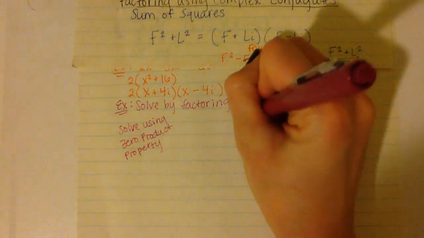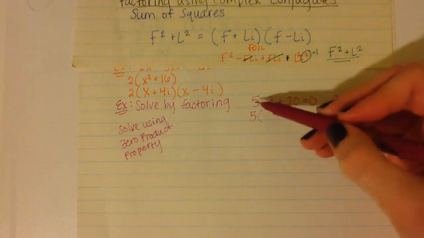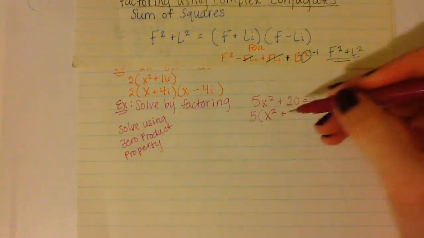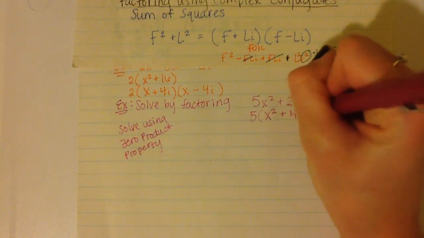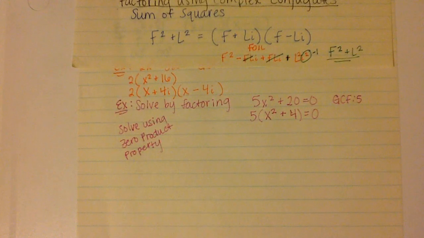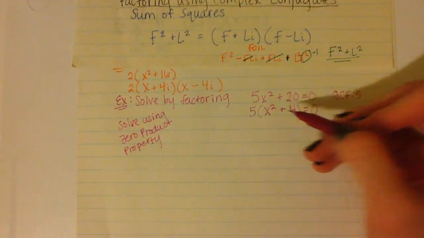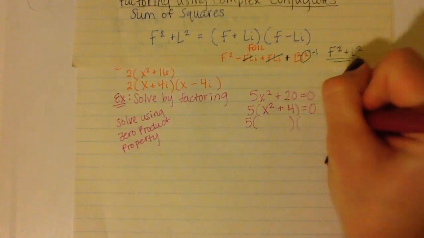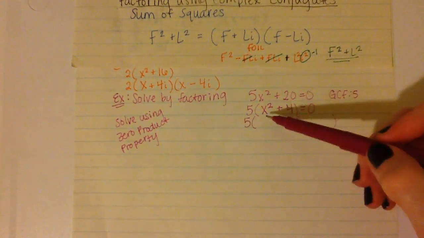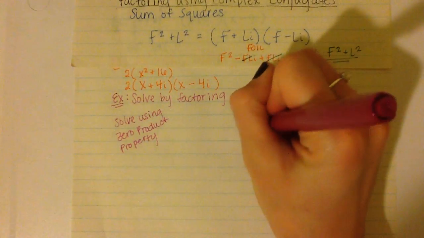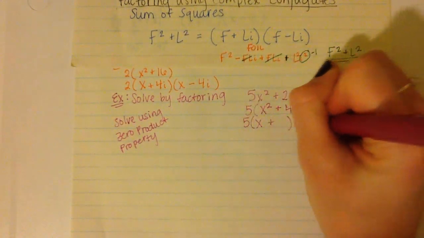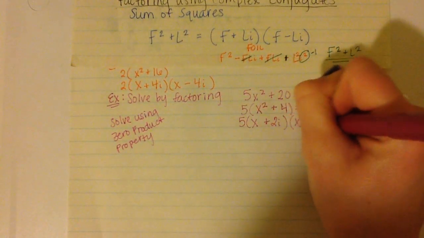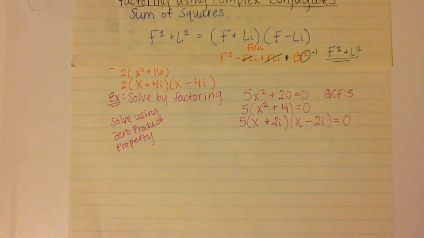So we're going to pull a 5 out in front. 5x squared divided by 5, you're left with x squared. 20 divided by 5, you're left with 4, and that equals 0. So now we have to factor this piece. So we'll keep your 5 out in front. If we unsquare x squared, we're left with x. And if we unsquare 4, we're left with 2i. And that still equals 0.